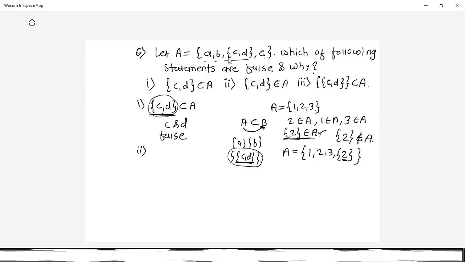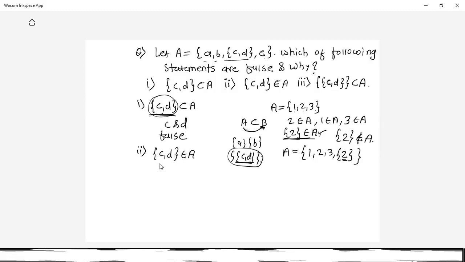Now the second: a set with elements C, D belongs to set A. Now what is belongs to? Here I have shown the example. If you have set A with elements 1, 2, 3, then I can say 1 belongs to A, 2 belongs to A, 3 belongs to A. Now here what is given?